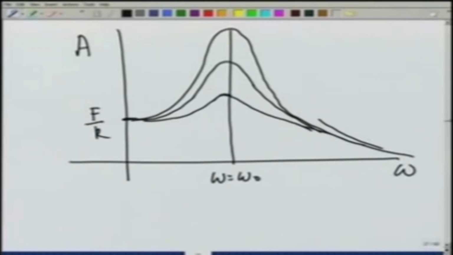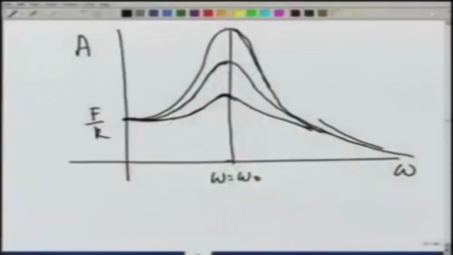If you increase gamma, the maximum shifts slightly to a value lower than omega 0, but for all practical purposes you can say that it is peaking at omega 0, and then far away it decays like this. So, if the frequency of the force that I am applying is equal to omega 0, the amplitude of oscillation becomes maximum, and this is again a reflection of the phenomenon of resonance.